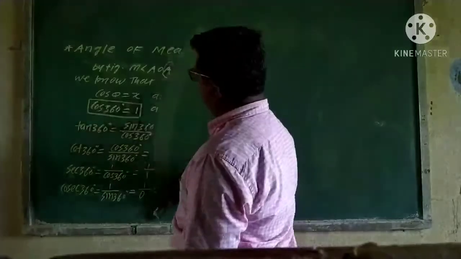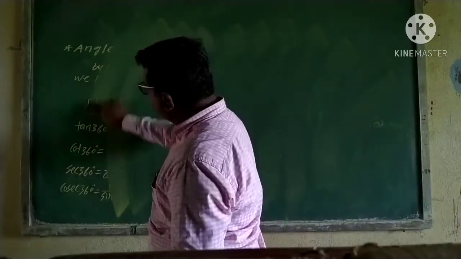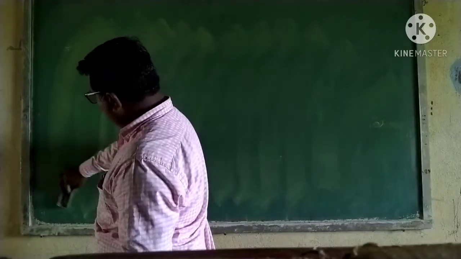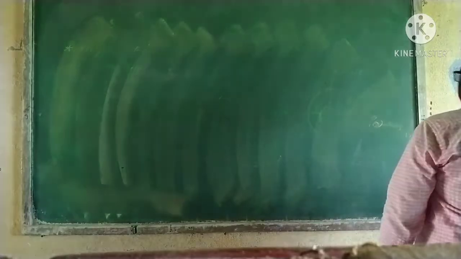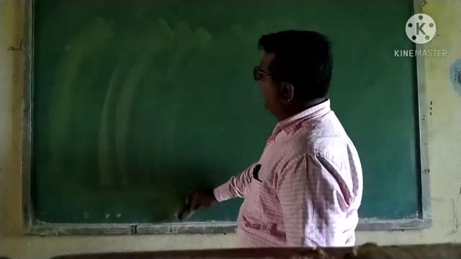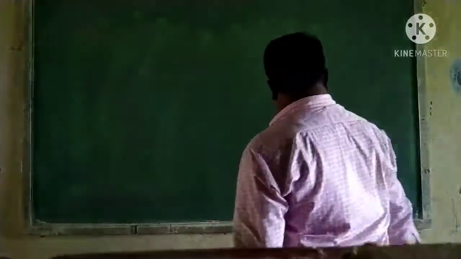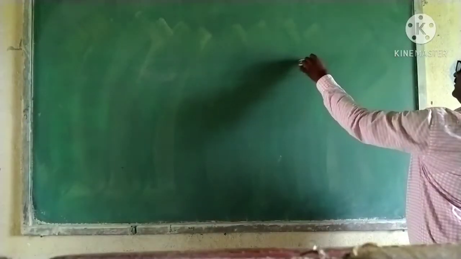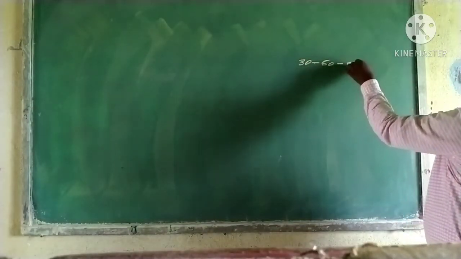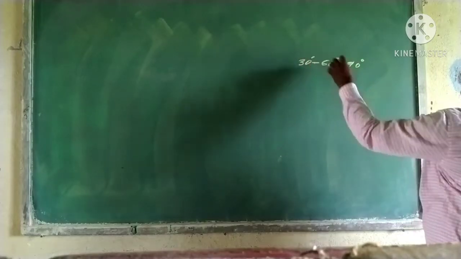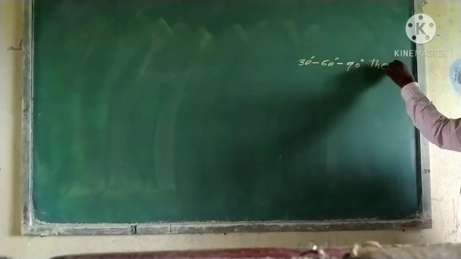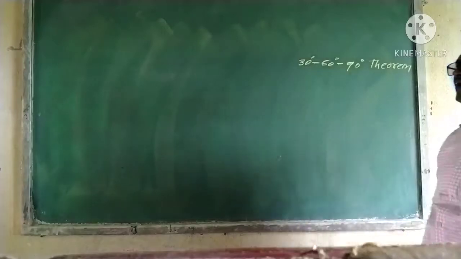By using this theorem, we find the trigonometric functions for measure of 30 degree and 60 degree.